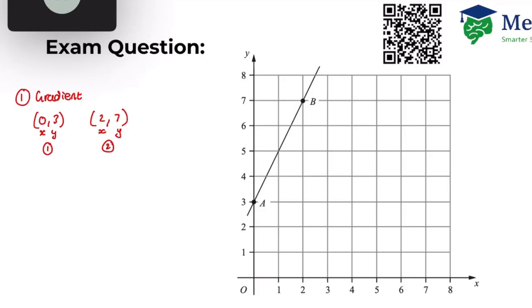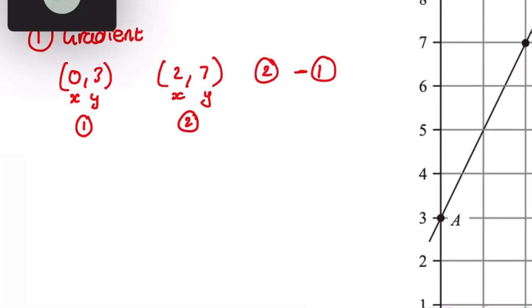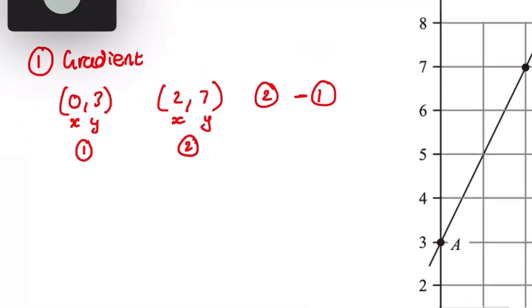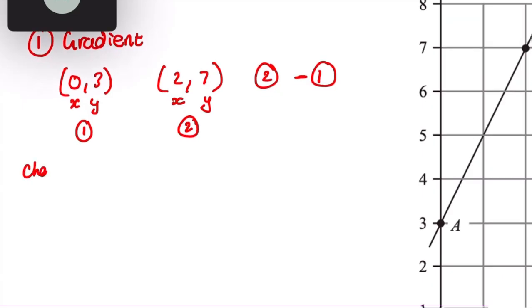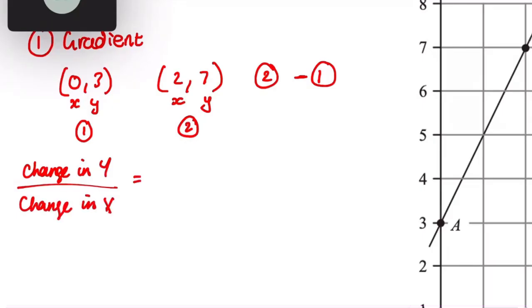And all we're going to do is 2 subtract 1 to work out the gradient. So we know that the gradient is the change in y divided by the change in x. The change in y, so we're going to do 2 subtract 1. So we're going to do 7 subtract 3.